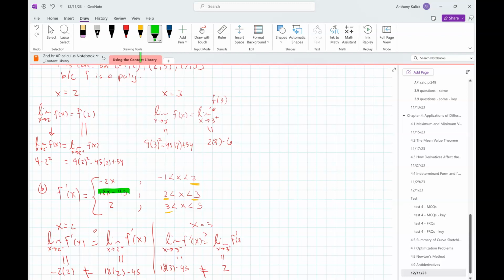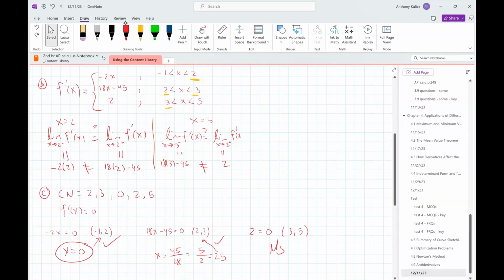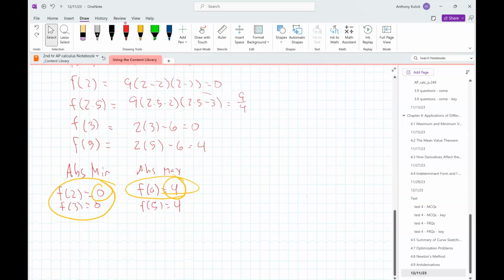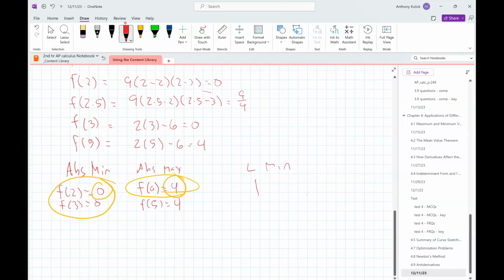Why did I choose that piece? That's where 2.5 lives. Right? So everything on 2 to 3 is the same. So that's a local min at 2.5.